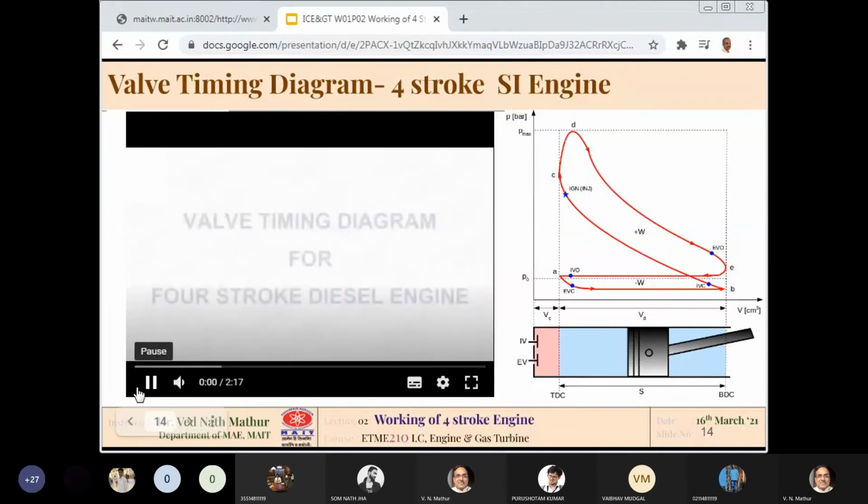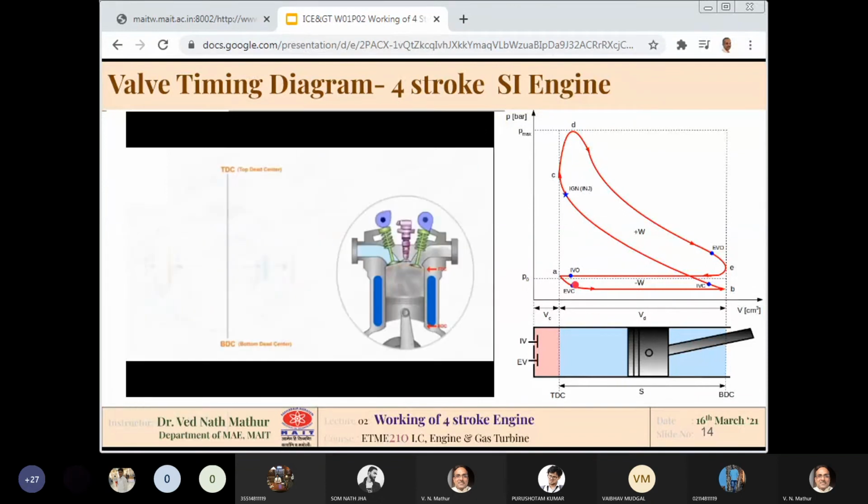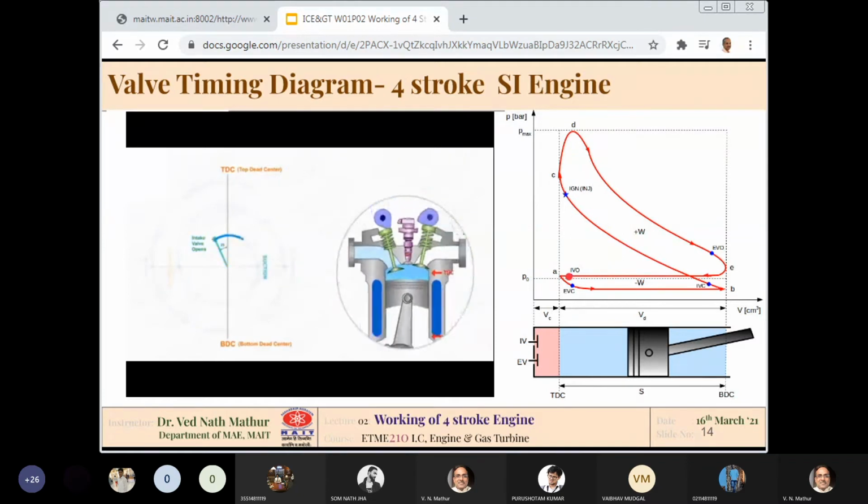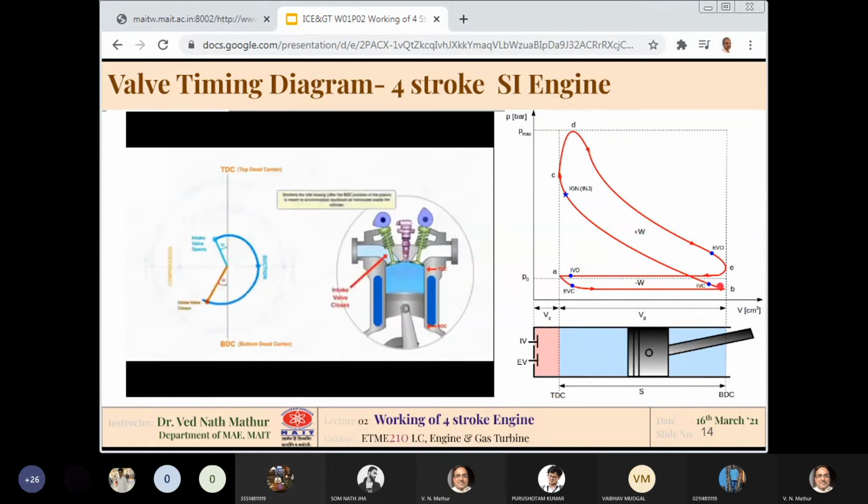So if somebody asks you to draw a valve timing diagram, I'm rerunning this animation. The inlet valve opens. This is a point somewhere here, if you can see the cursor of my mouse on the PV diagram. And now the volume increases and the pressure is less than the atmospheric pressure. The suction takes place. After reversal of the direction, the inlet valve closes. So IVC is somewhere here.